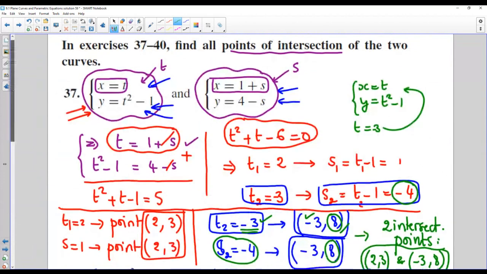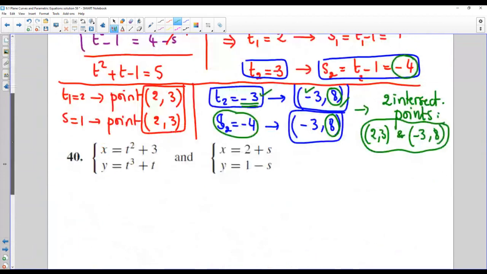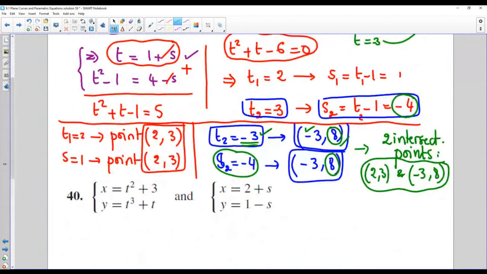Yes, I think you can skip S. You can just find the T's. It will work. The part where I'm finding S may not be necessary. I did it, but you can just work with T, solve, find the two values of T, and then substitute, and that should give you the answer.